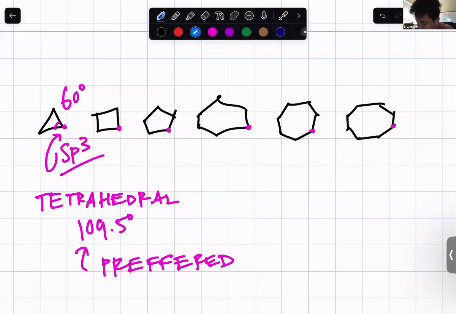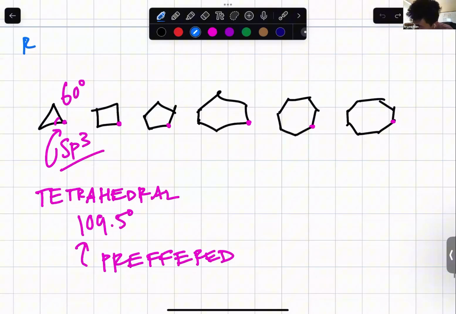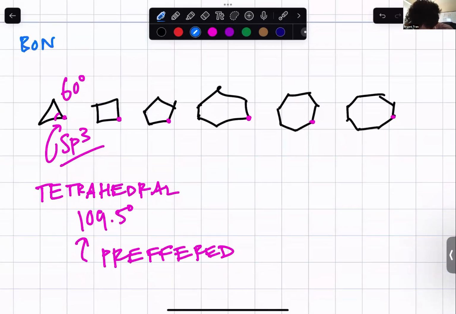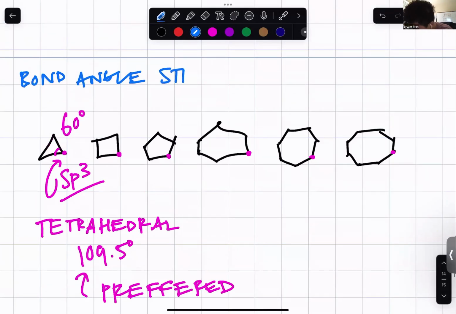So that would introduce something called bond angle strain. You might also see torsional strain.